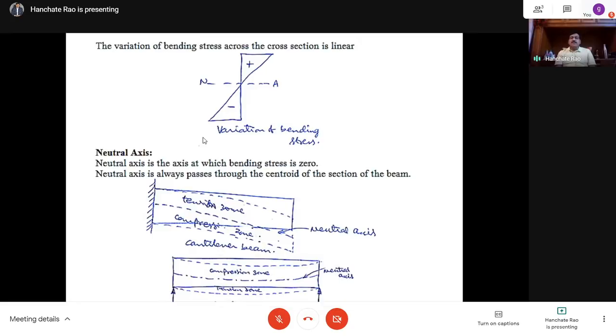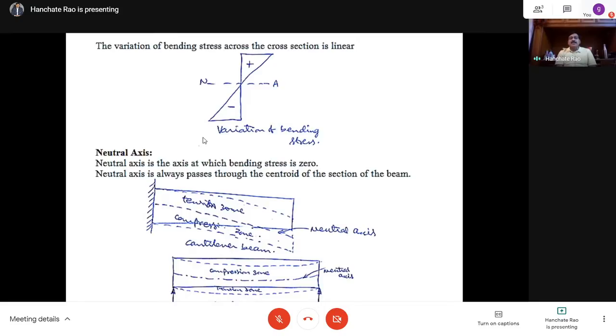In the working stress method of structural design, we follow this, both the stress and strain. In the working stress method, the stresses are within the safety limit, within the factor of safety. We take the yield stress divided by the factor of safety as the working stress or permissible stress. So that is the limit.